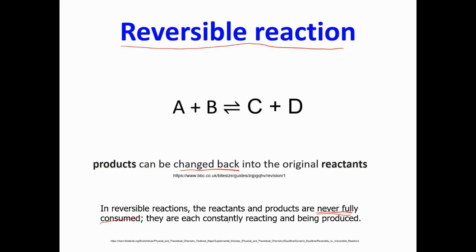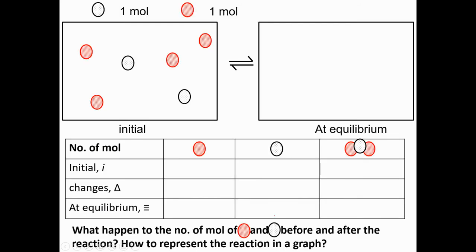They are each constantly reacting and being produced, meaning that A plus B will produce C and D, and at the same time, C and D will revert back to produce A and B. So this is a constant process. That's why it is said that reactants and products are never fully consumed.